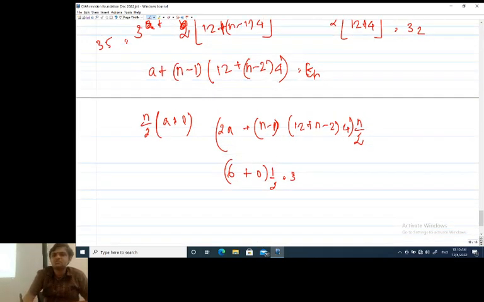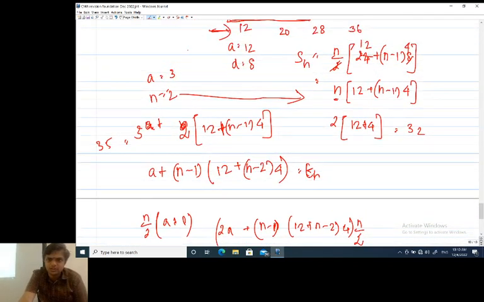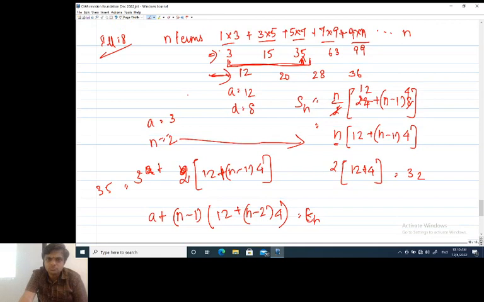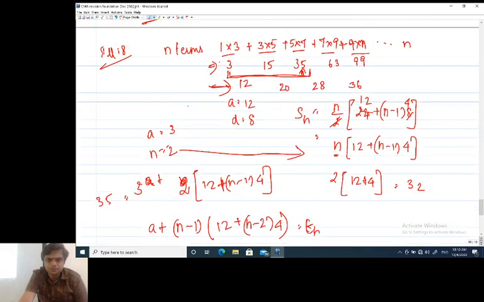Now let us take N as 2. 2A becomes 6 plus N minus 1 is 1 into 12 plus N minus 2 becomes 0, into 4, into 2 by 2. So 12 into 4 is 48 plus 6, 54 is the first two terms adding to 54. No, 18 now, or no. Wait. Just bear with me for a minute.